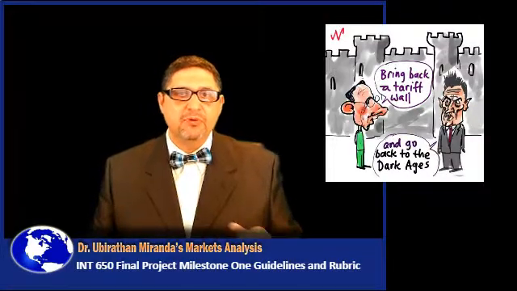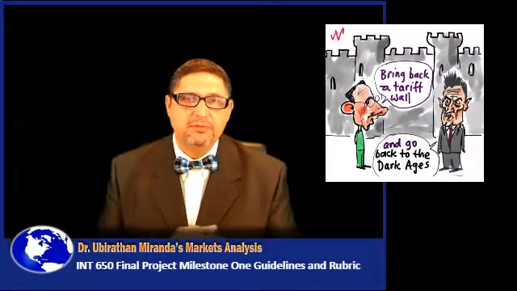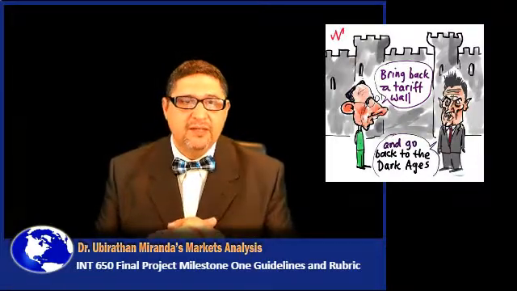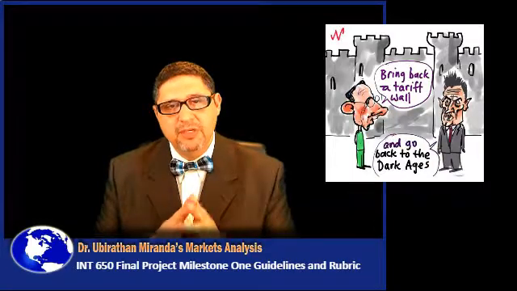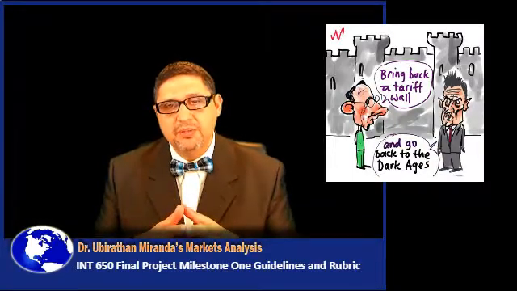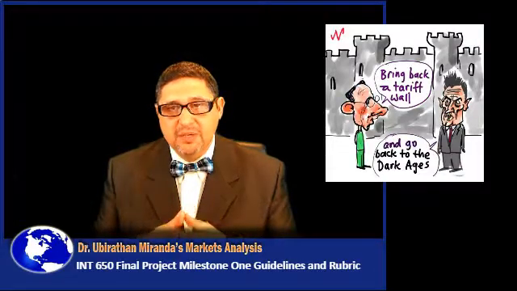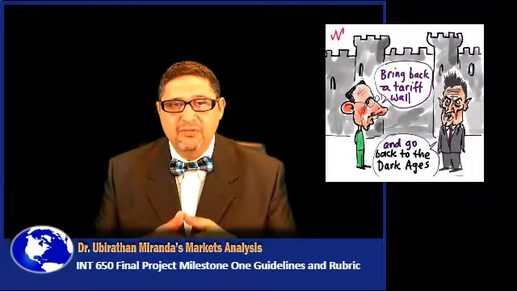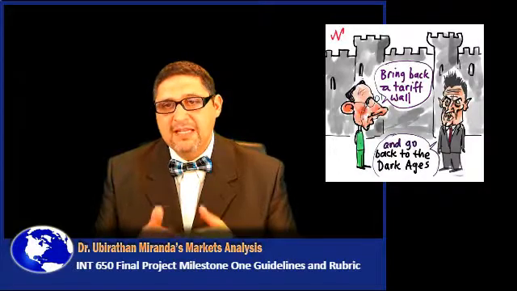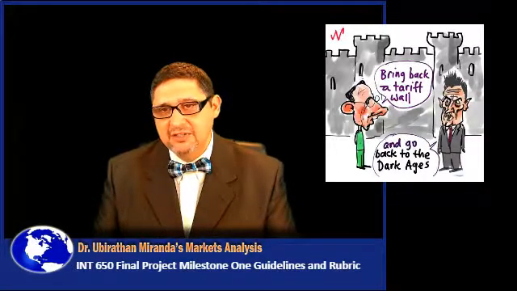Okay. So what we're going to do is we're going to look at milestone 1 guidelines and rubric. Okay. And the prompt is this: to begin your final project, you will submit a short paper with your country, your industry and company overview, and a description of your country's specific trade policies. Provide a brief overview where you select a specific international market and a company within a selected industry.